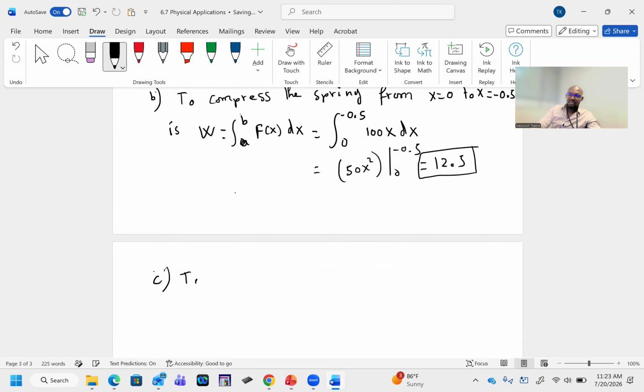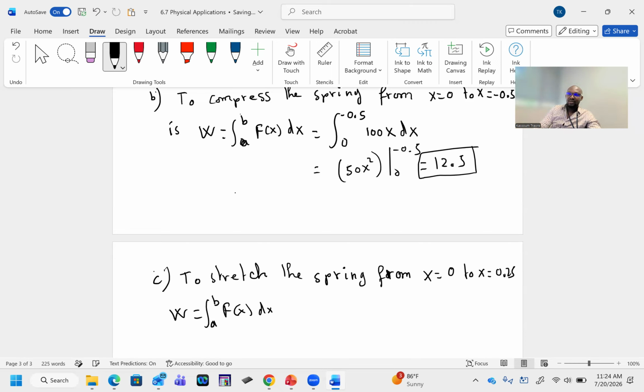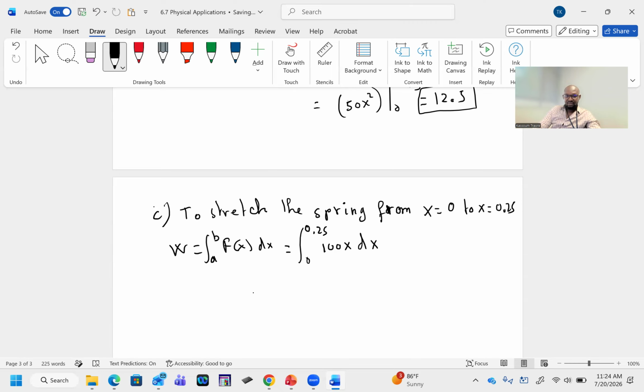So to stretch the spring from x is equal to 0 to x is equal to 0.25, then W will be equal to the integral from A to B of f of x dx, which will be the integral from 0 to 0.25 of 100x dx, again, which would be 50x squared from 0 to 0.25.